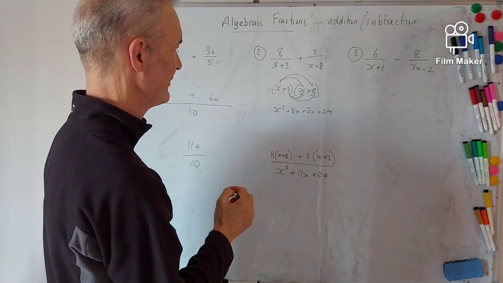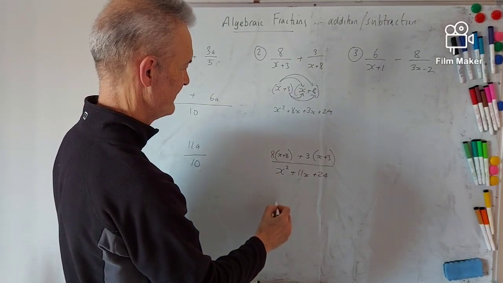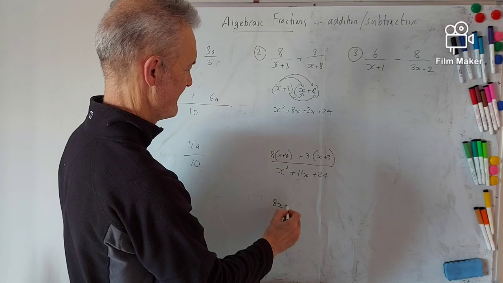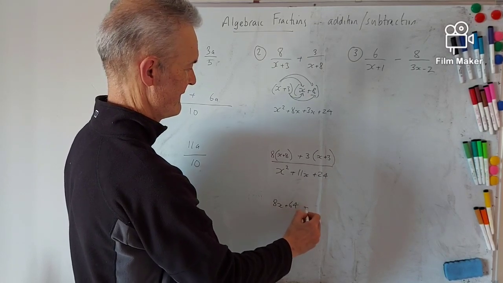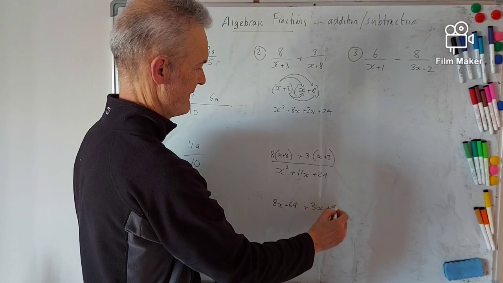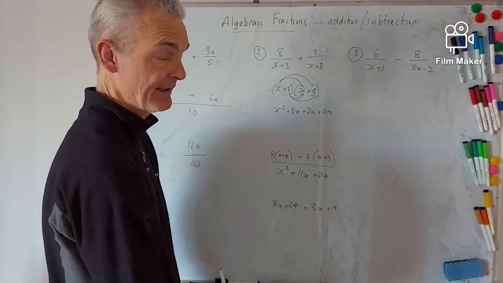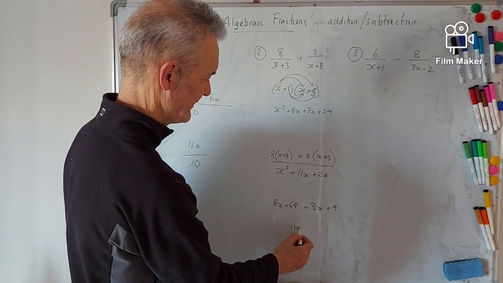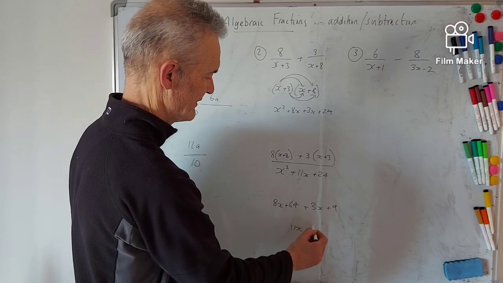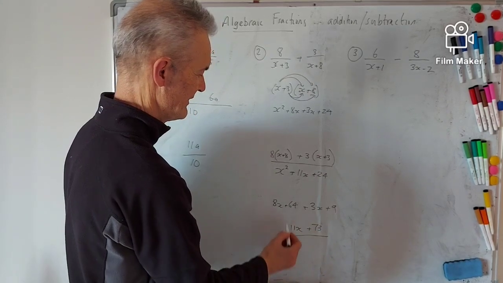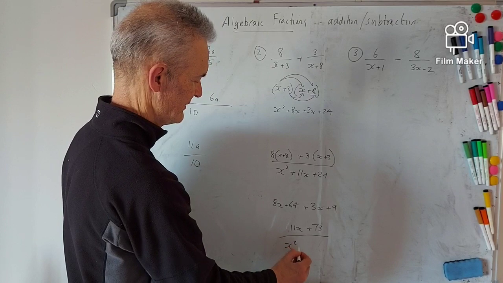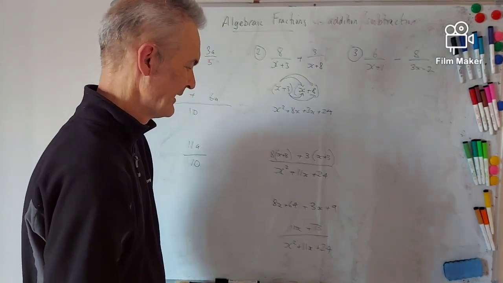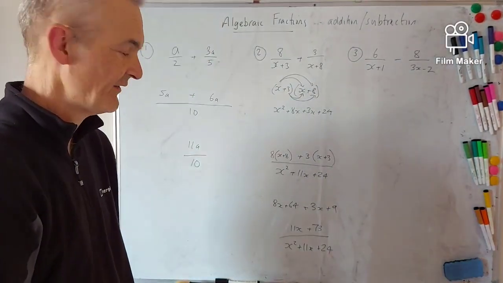So if I multiply out the brackets, I'm going to get like so, and then we can combine some of these terms. 8x plus 3x is 11x, 64 plus 9 is 73, and that is over like so. And we can't take that any further.